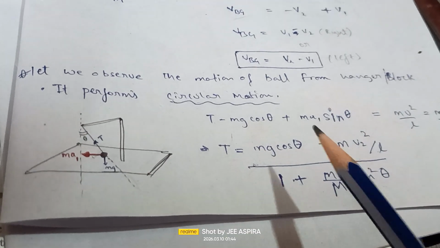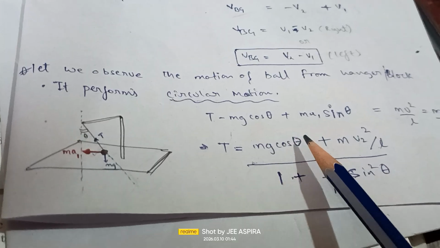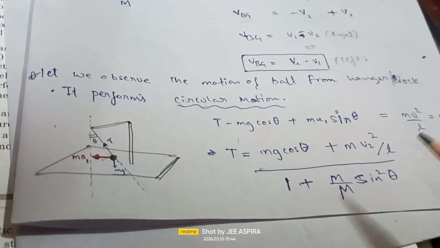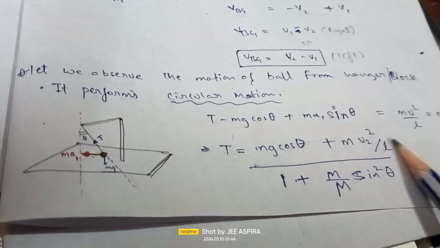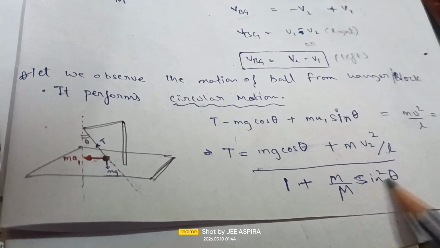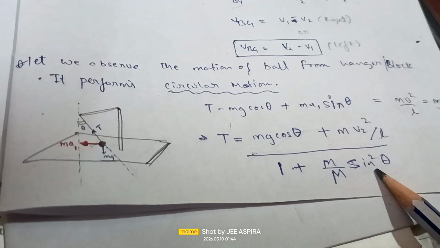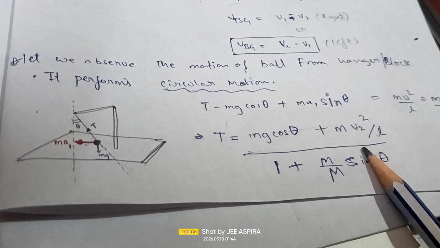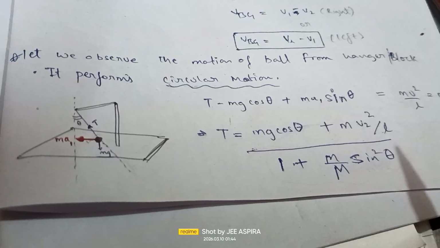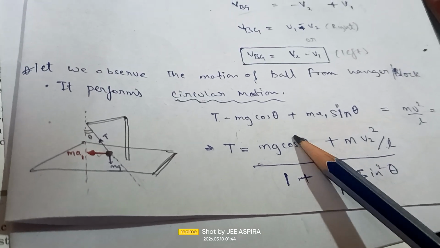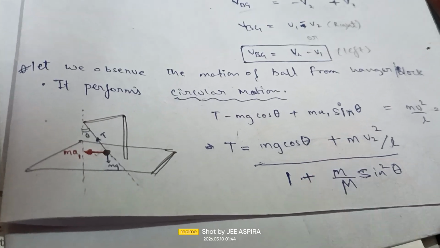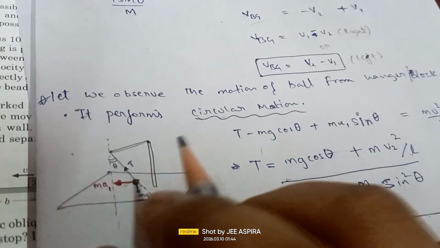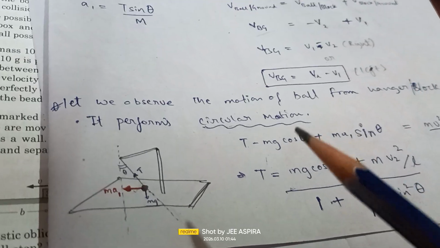For cos theta to be maximum, cos theta is 1, which means theta is 0 degrees. For the denominator to be minimum, sin theta should be minimum, which is also at theta equal to 0.